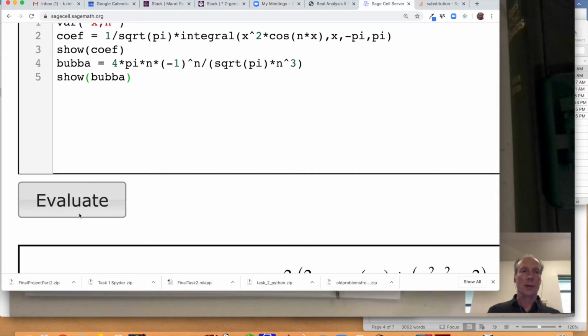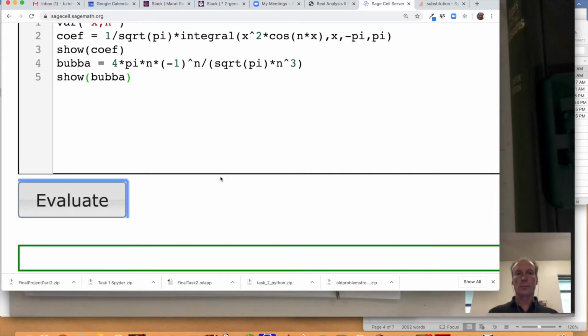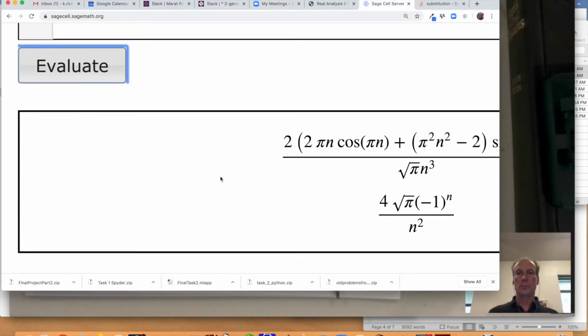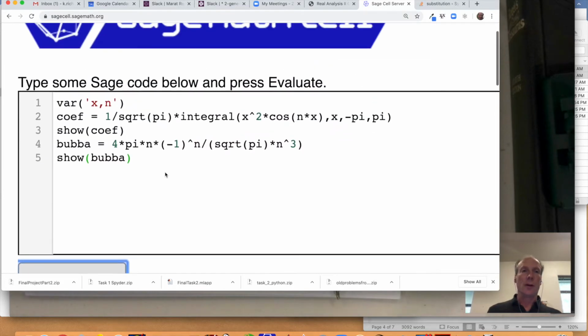Okay, so let's see what we got here. Okay, right. And now let's see if that's actually the same, that we didn't make an algebraic mistake. So why don't we compute this for a couple of different n's. So let's take the difference between the two.